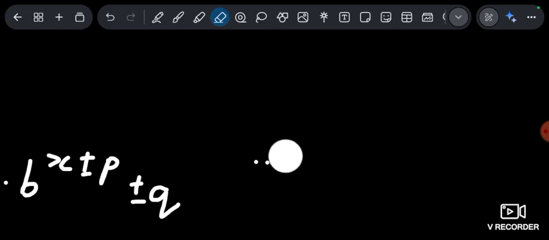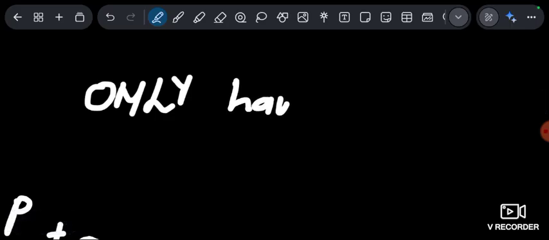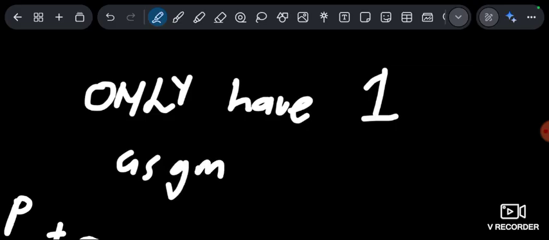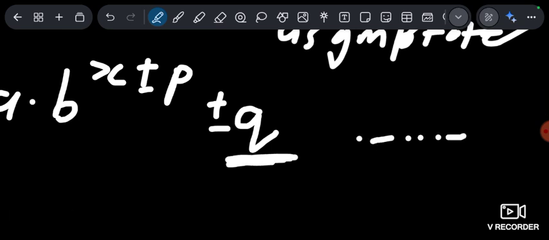Now, an exponential graph will only have one asymptote, and that is q. So this will be the asymptote that is in the horizontal part, like this, right?